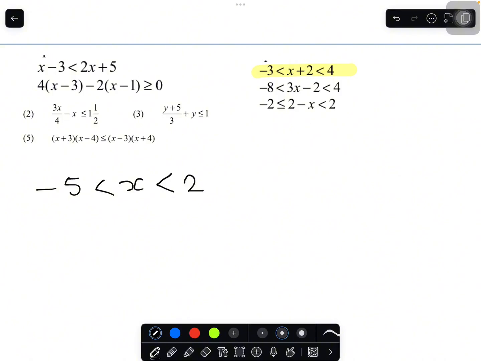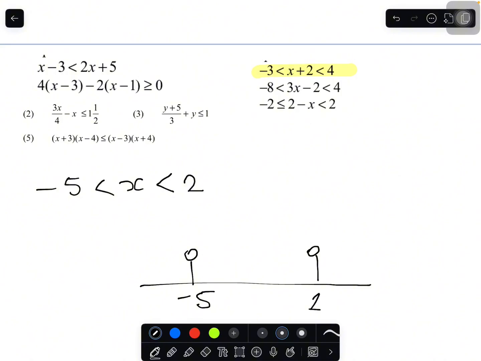Okay, so now we're going to put this onto our number line. We're going to put our negative 5 here, draw a line, and put this here. We're going to have our 2, draw a line and put this here. So this is saying negative 5 is less than x.